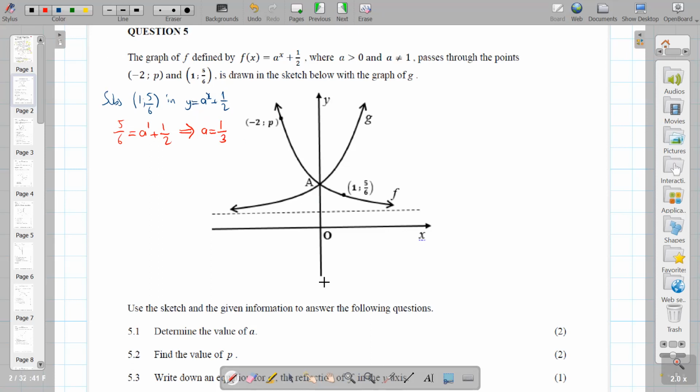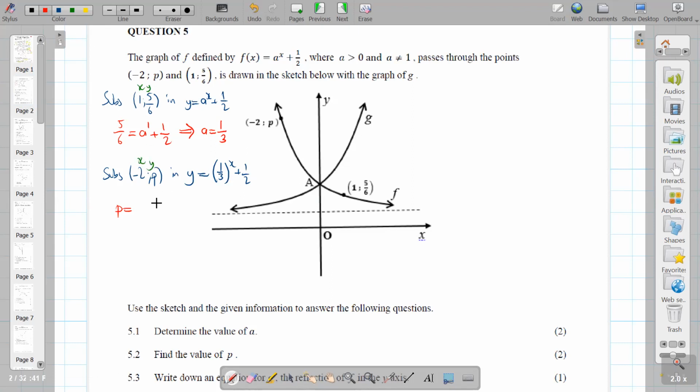So that's 1 mark. But then the second thing, 2 marks actually. The second thing, now I will substitute -2 and p in this new equation, because I already know a is 1/3: y equals (1/3) to the power of x plus 1/2. So I'll substitute -2 here to get p, which is the y coordinate. Obviously, how you substitute is that's my x and that's my y, and this is my x and that's my y.